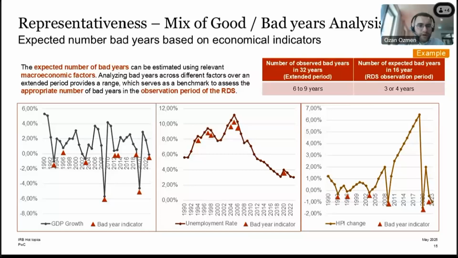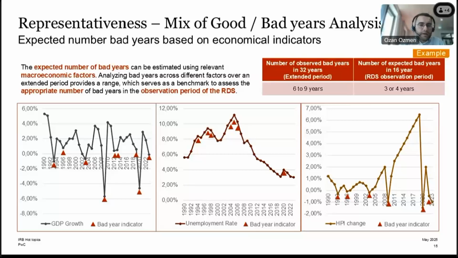Different macroeconomic indicators have different numbers of bad years, and this creates a range for the expected number of bad years. In the table you can see, with the same proportion, if we see for example 6 to 9 years in this extended period, then in the 16 years of RDS it should be 3 to 4 years to call it represented.